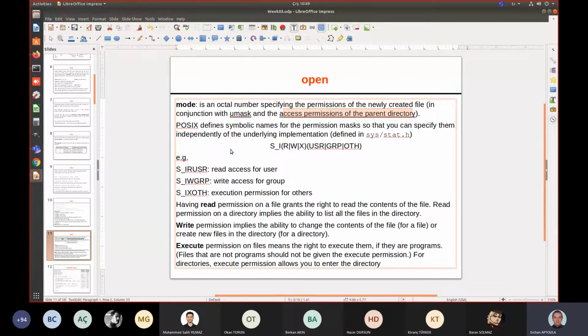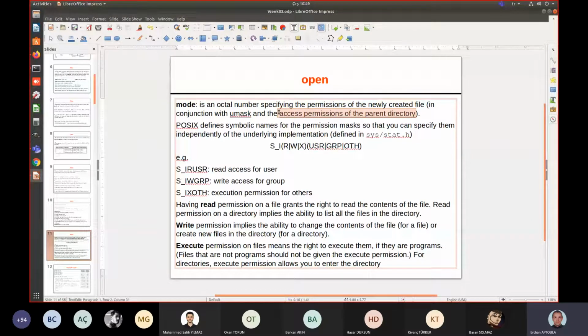So whether those permissions that you have requested for the newly created file are going to be realized depends on three things. One, the permissions that you ask from the open system call. Two, the UMask, the default kernel level new file permissions, which you can manipulate on a user level. And of course, the access permissions of the parent directory.